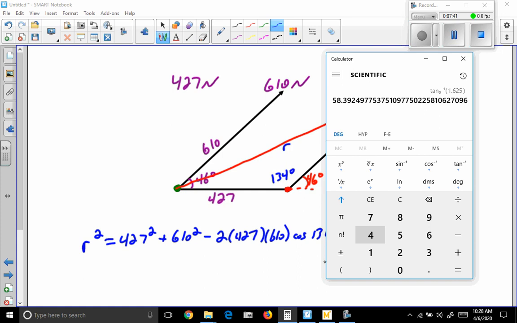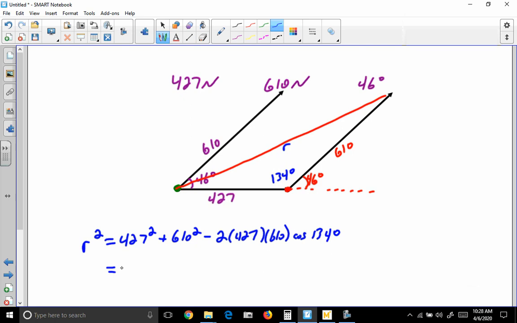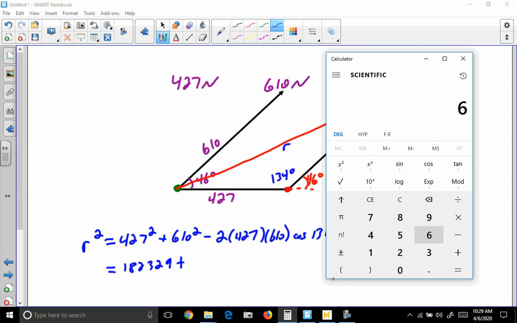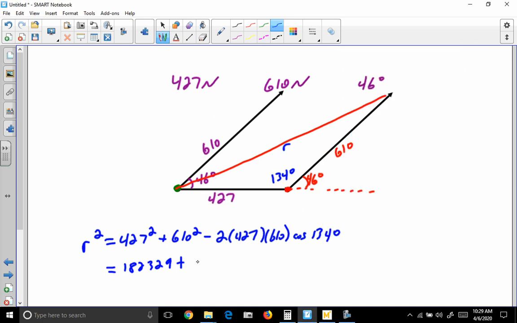So 427 squared is 182,329, plus 610 squared, 372,100.